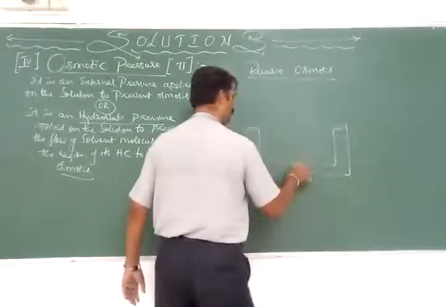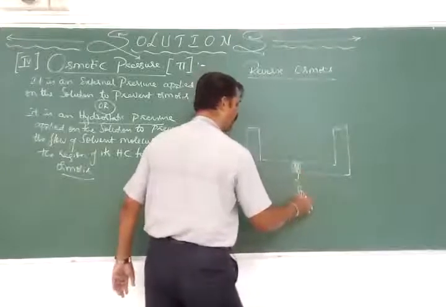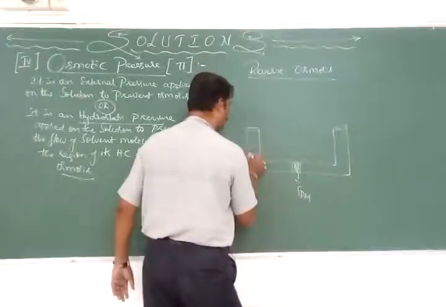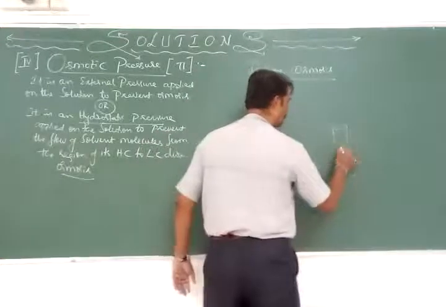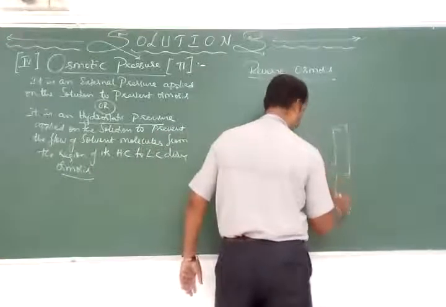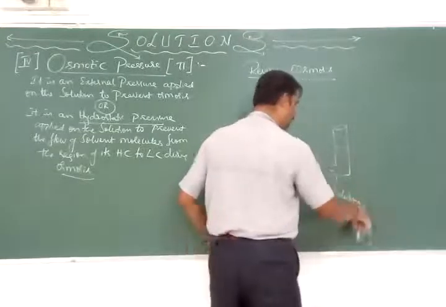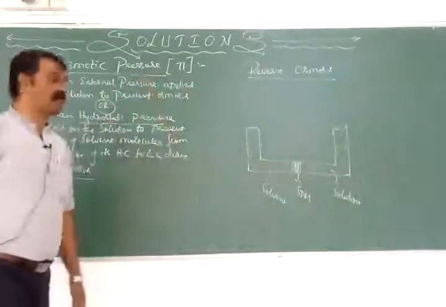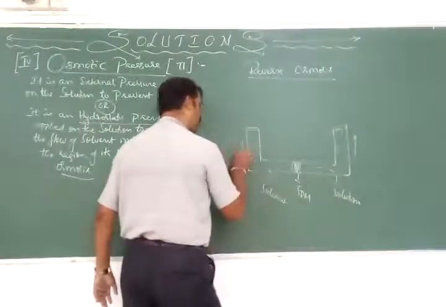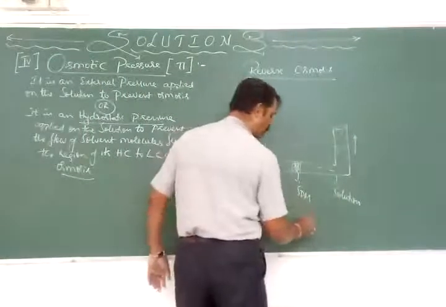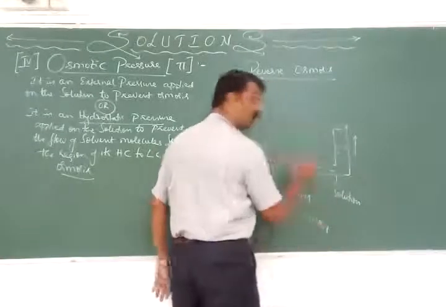This is as usual the SPM, semi-permeable membrane. This is the pure solvent. This is the solution. Simultaneously, the level with respect to this goes on increasing, and the level with respect to this goes on decreasing. That process is called osmosis.